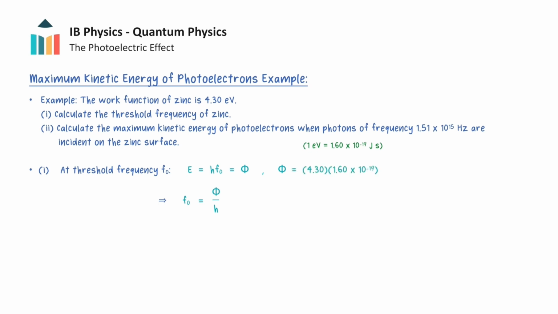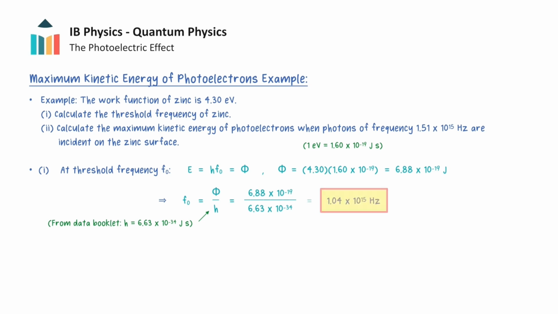So the work function is equal to 6.88 times 10^-19 joules, and then Planck's constant has a value of 6.63 times 10^-34 joule seconds from the data booklet. We then arrive at 1.04 times 10^15 Hz for the threshold frequency of zinc.